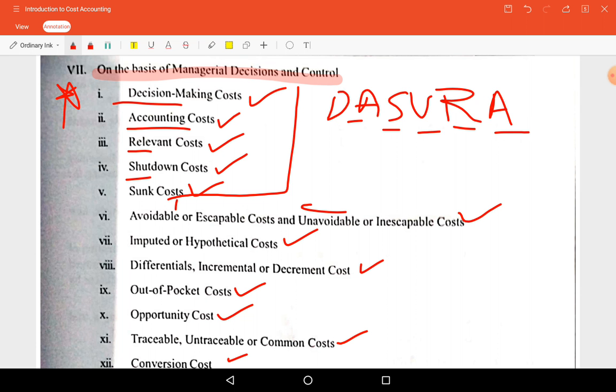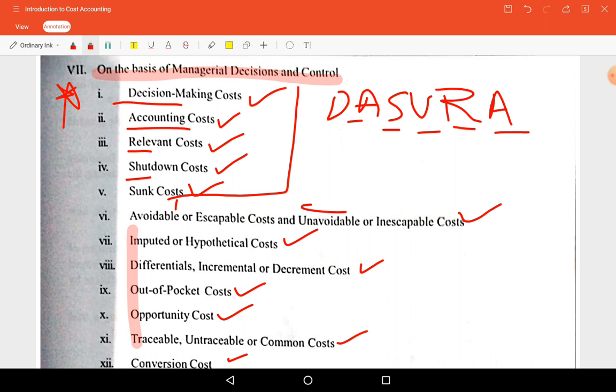Then we can make some mnemonics like this for the remaining things: imputed, differential, out of pocket, opportunity, traceable, and conversion.